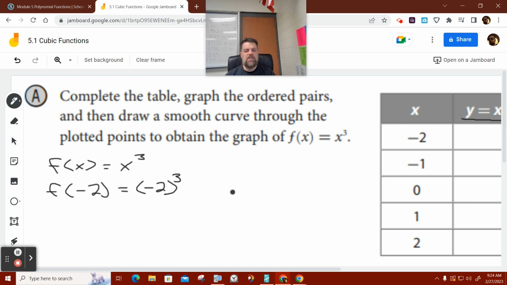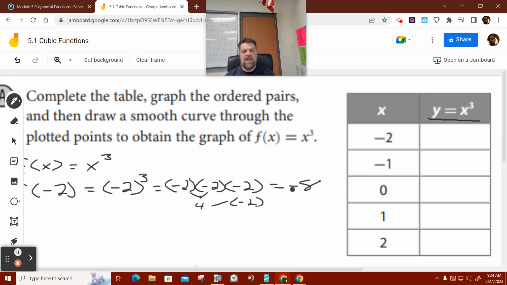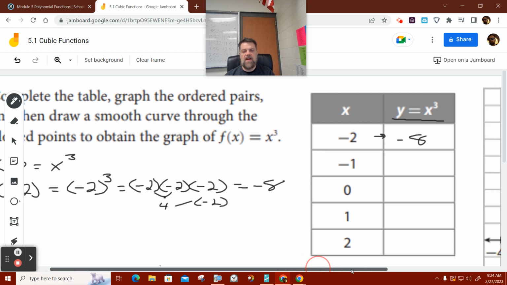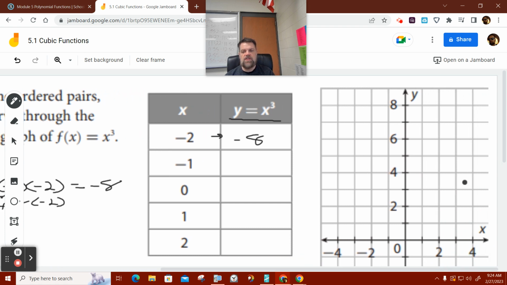And just to kind of recap exponents, negative 2 to the third power is really negative 2 times negative 2 times negative 2, 3 times. So this times this is a positive 4. Positive 4 times negative 2 is equal to negative 8. So what that means is when x equals negative 2, when I plug this into the equation, I'm going to get negative 8.